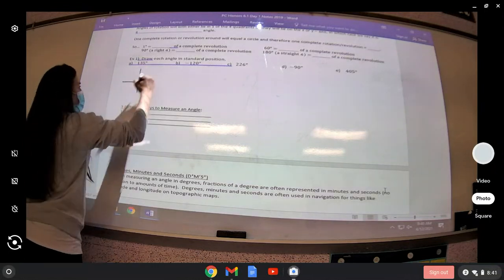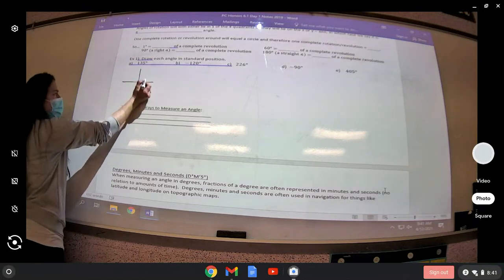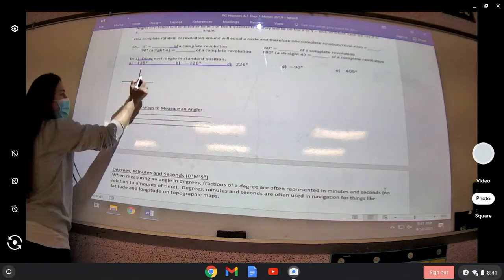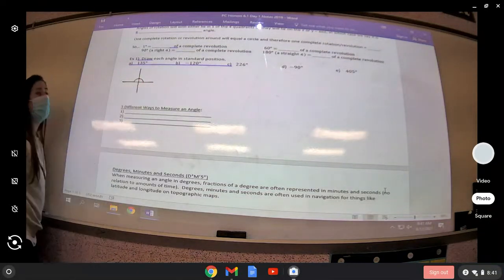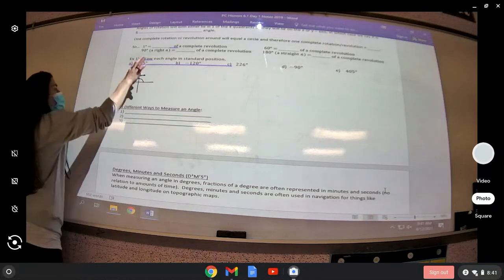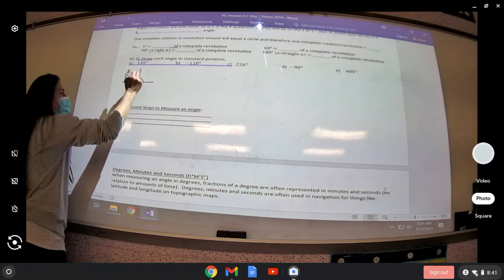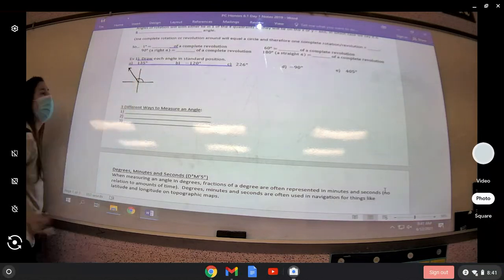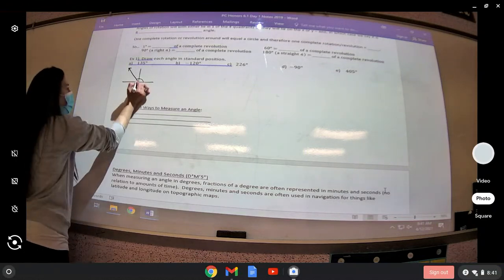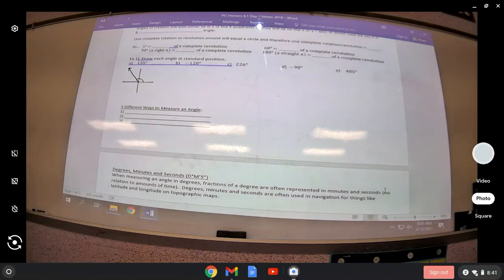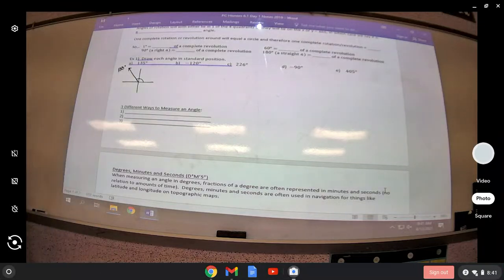So give yourself a coordinate plane. Your angle always starts on the positive x-axis. If I want to create positive degrees, I go counterclockwise. So there's 90. If I go all the way to there, that's 180. So I've gone too far. So 135 is somewhere in between 90 and 180. So all you have to make sure is that your terminal ray lands somewhere in quadrant 2. As long as your angle lands in quadrant 2, you are correct. And that we could say is about 135 degrees.